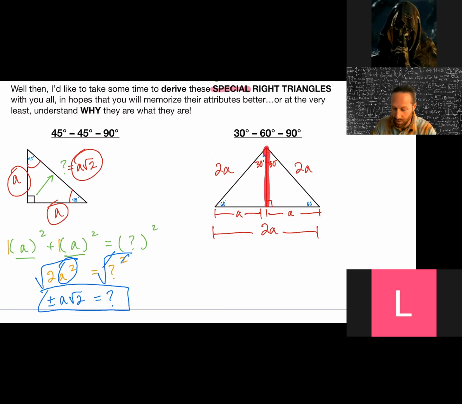Well, then let's find the third, which is actually the height of this, not the hypotenuse. And remember, if we have a right triangle and we know, quote unquote, 2 out of the 3 sides, should we be able to find the third?